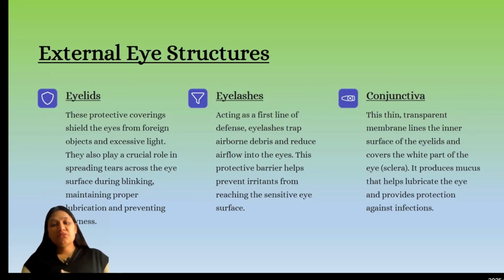Conjunctiva is very thin and transparent, and it lines the surface of the eyelids. Got it? It covers the white part of the eye, the sclera, and it produces mucus that helps lubricate the eye and protects against infection.